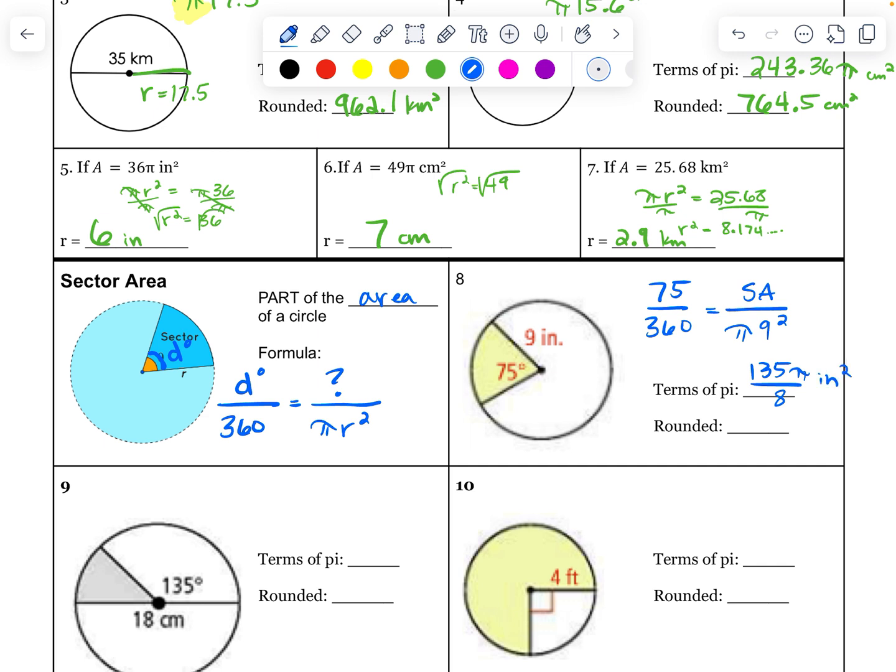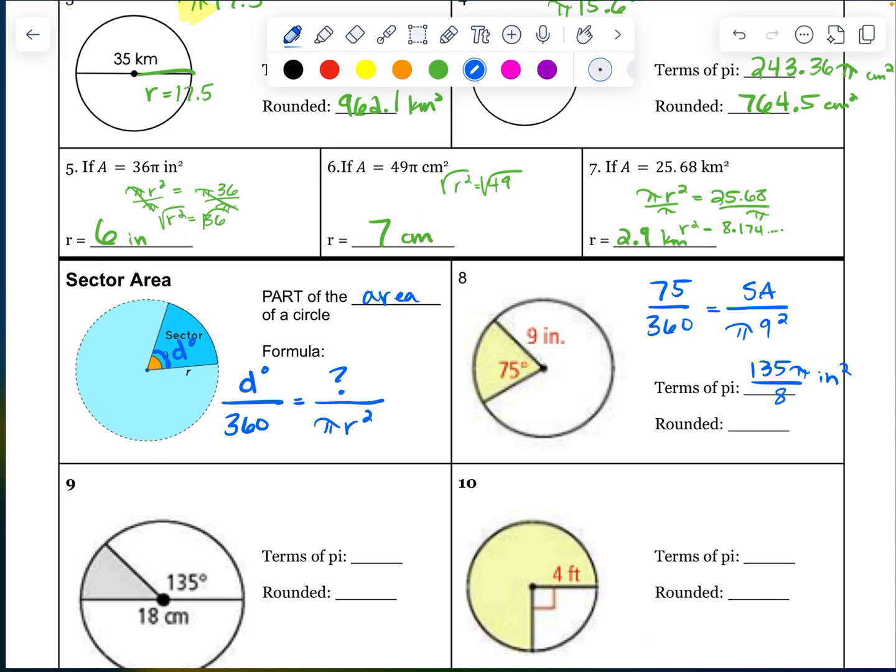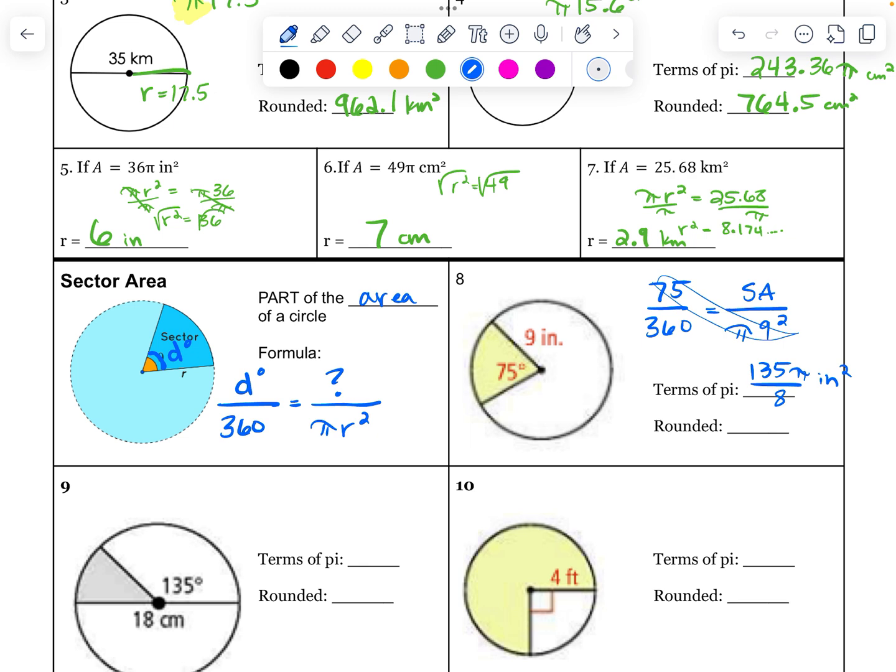All right, so rounded is a little easier, but I have to do it with pi, right? So 135 pi over 8. Or if you want to just do it like this, you can.